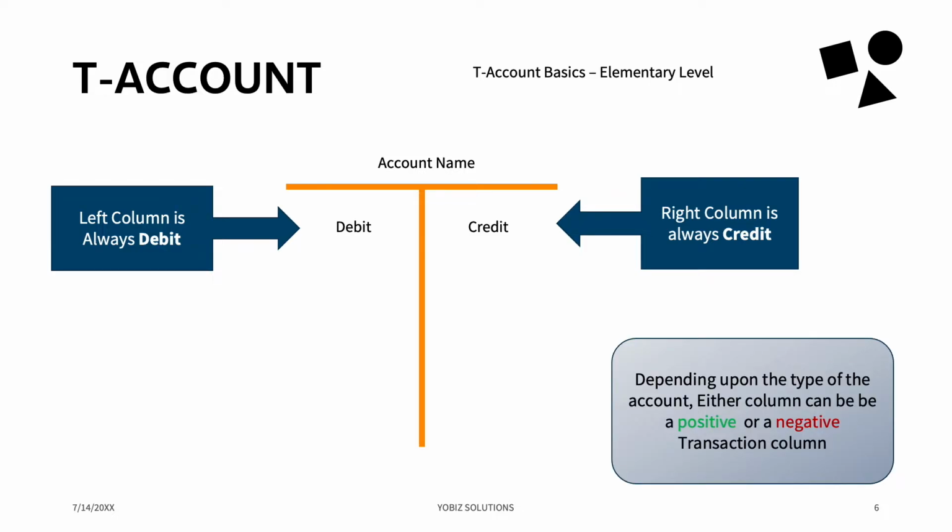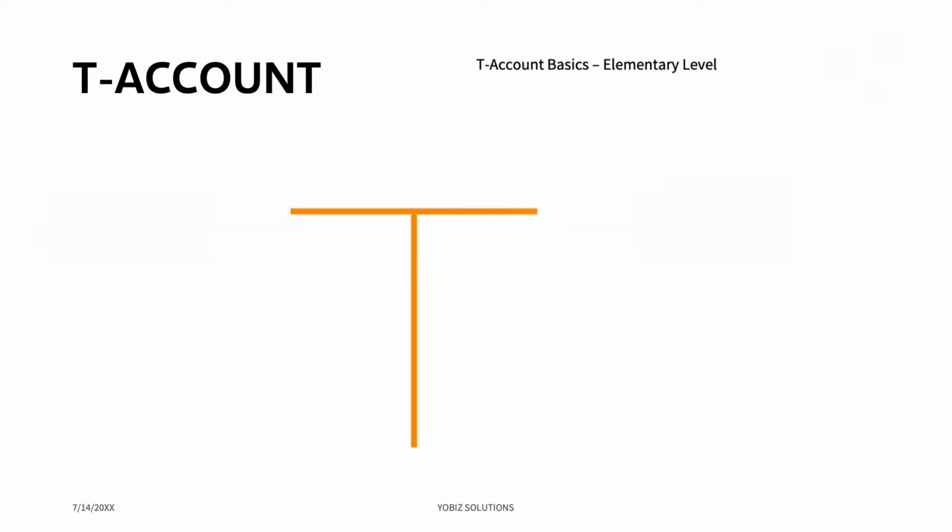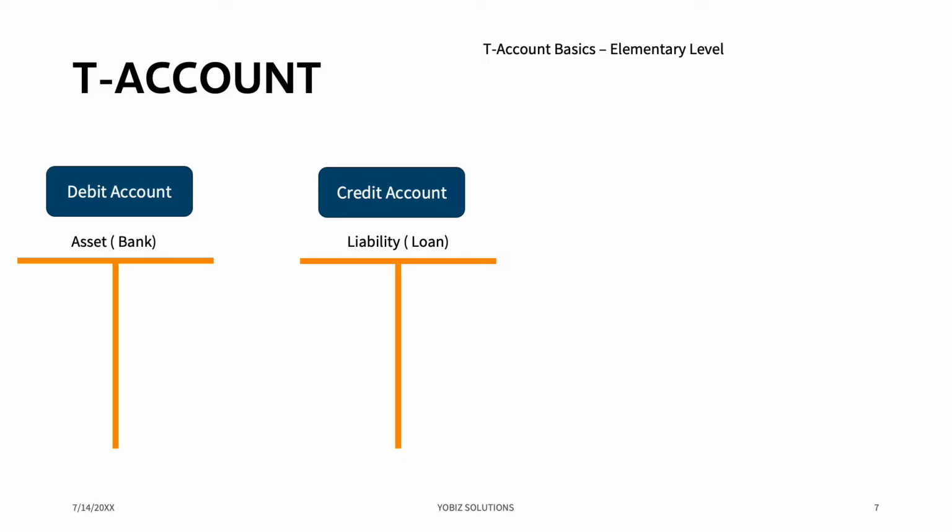Now, depending upon what kind of transactional T account that is, either column could be considered as a positive column or a negative transaction column. What I mean by this is that you can have two types of elementary level T accounts. One account is called a debit account, and the other account would be called a credit account.